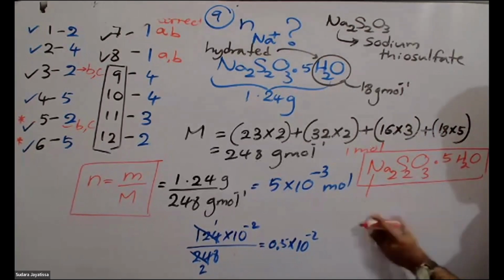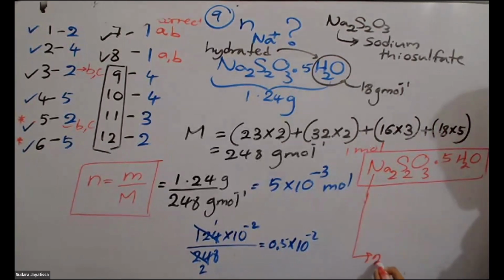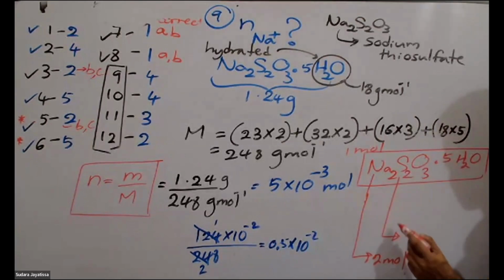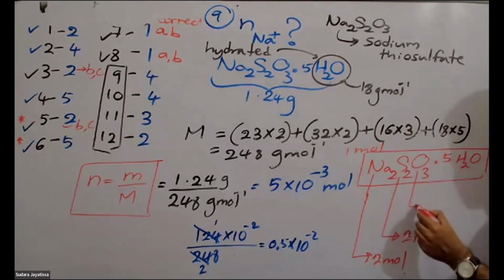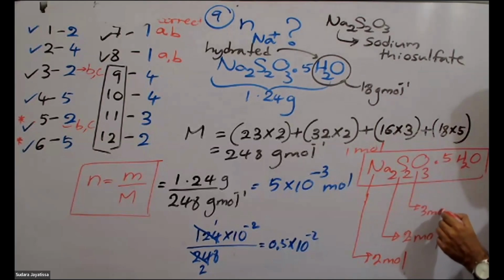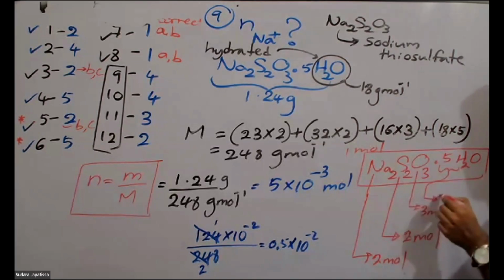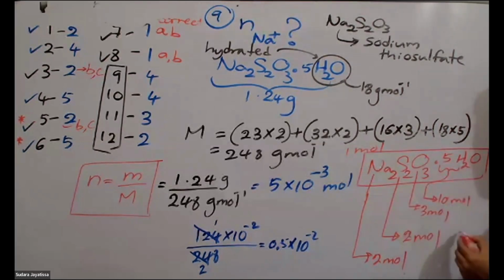You have sodium 2 moles. So how many moles of sulfur? You have sulfur again 2 moles. You have oxygen 3 moles. You have hydrogen, how many moles? 10 moles, just 5 into 2. You have oxygen again 5 moles.